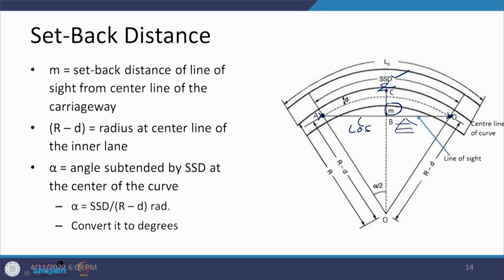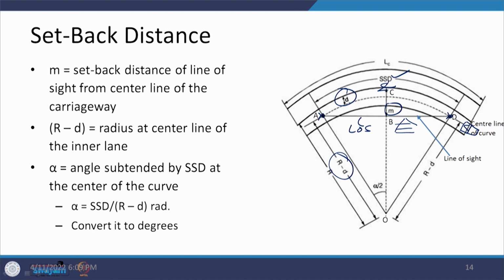Now, when the vehicle is moving in the inner lane, then the radius is going to be taken with respect to the inner lane, and d is the distance between the inner lane center line and the center line of the carriageway. Therefore, the radius with respect to the inner lane is R minus d.